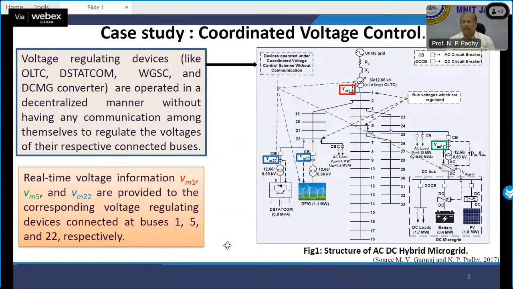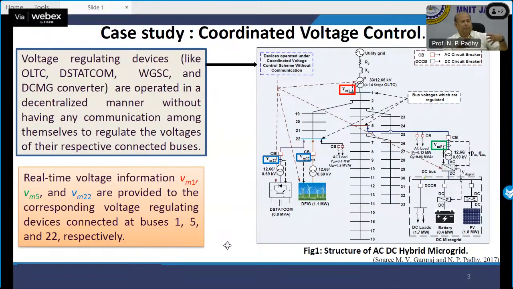So basically wind converters, distribution STATCOMs, tap changing transformers, and the DC microgrid converters are responsible for voltage control, and are operated in a decentralized manner without any communication among themselves. In a practical distribution network, every device observes the bus voltage at that particular point.